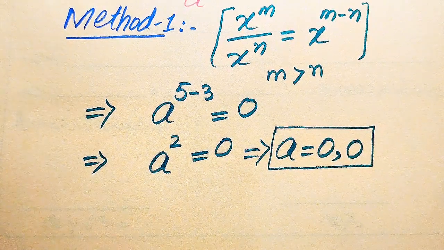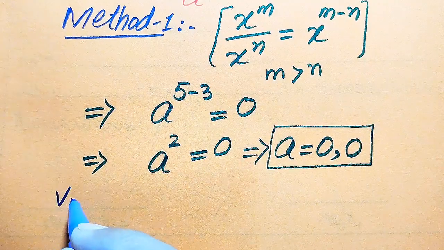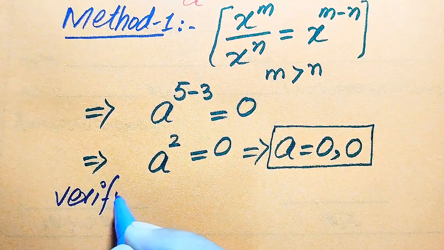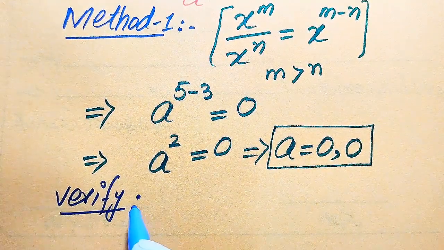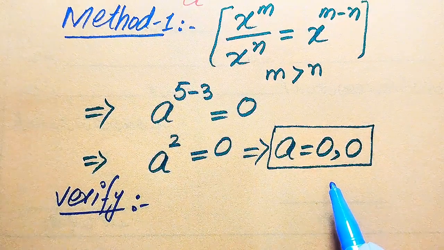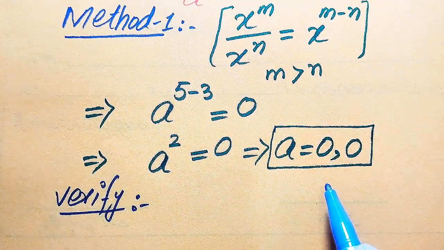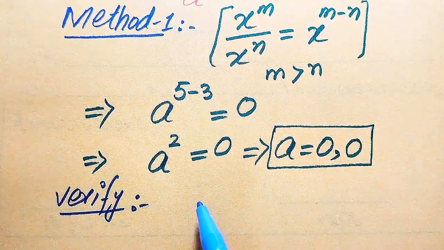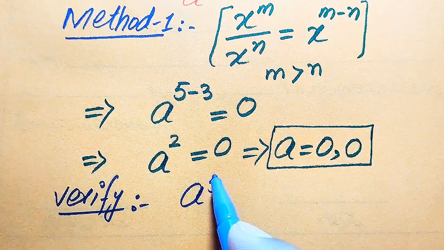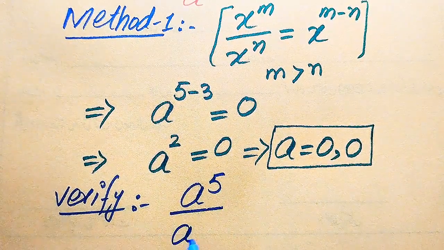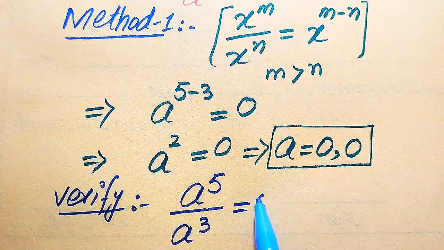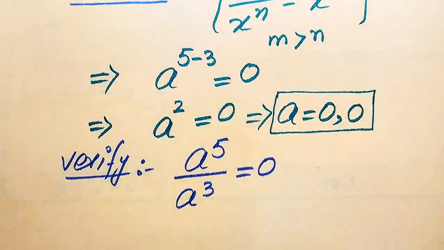And now in the next step, we need to verify whether these two roots are solutions of the given equation or not. Or in other words, we just say whether these two roots are solutions or extraneous roots. So for verification, we need to copy down the given equation. Here it is a to the power of 5 divided by a cubed is equal to 0.